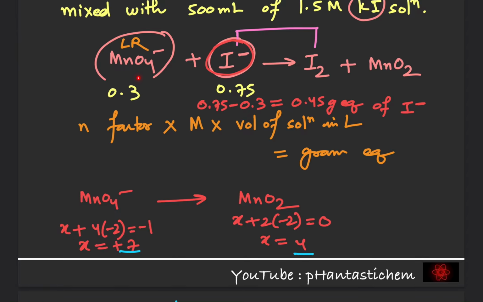Rest of it, that is 0.45 gram equivalents of I minus, will be left unreacted. Therefore, the most important information for us is that 0.3 gram equivalents of I2 is formed.